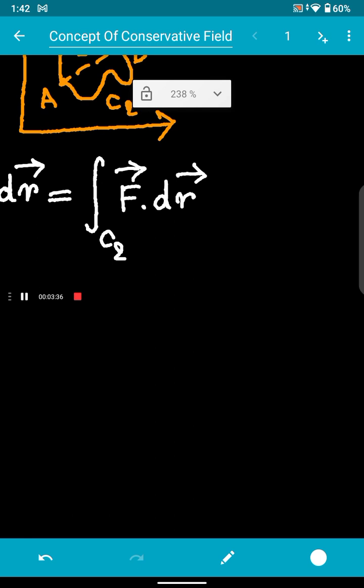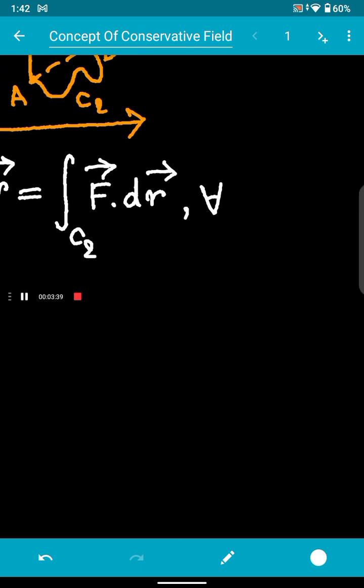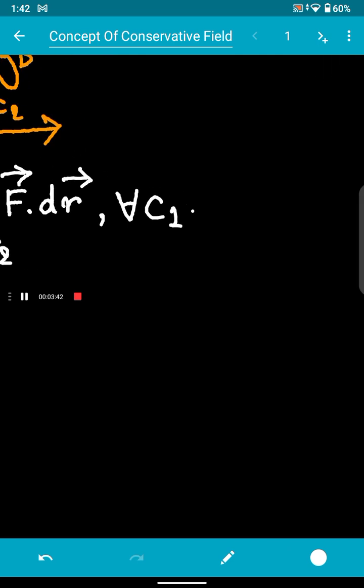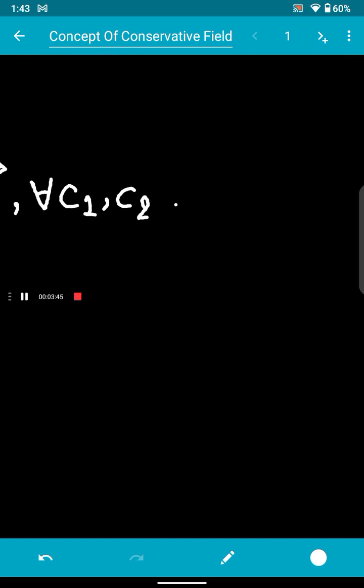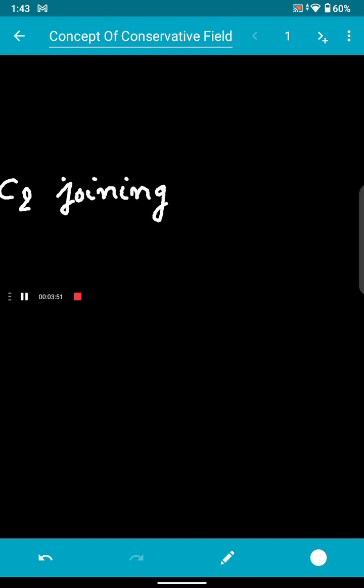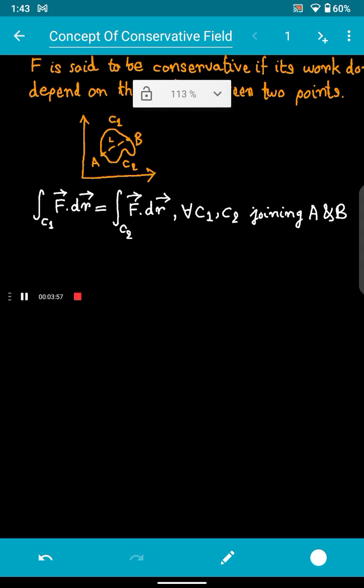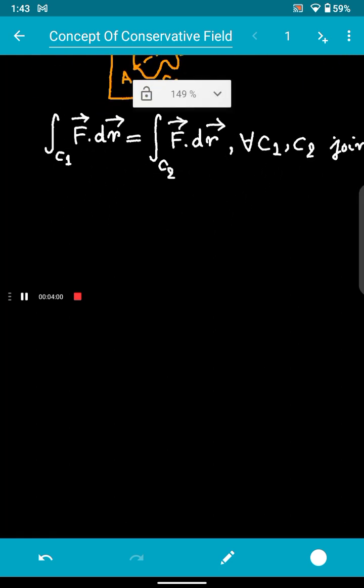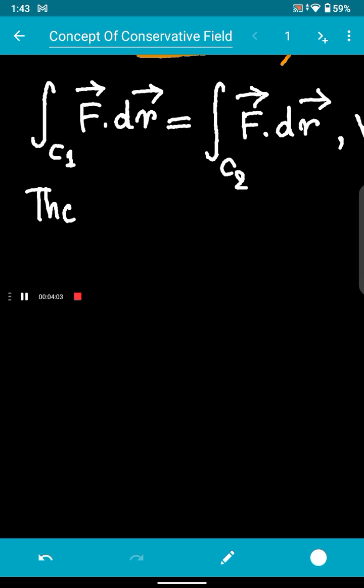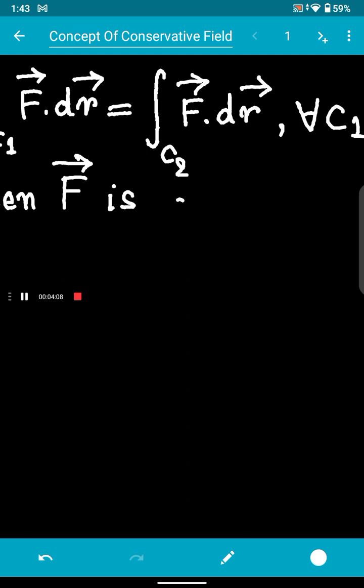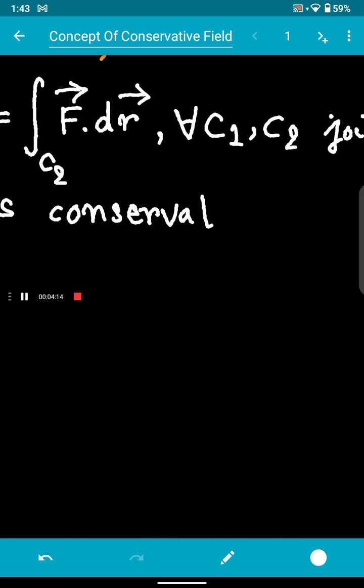So if this holds for all C1, C2 joining A and B, then F is conservative.